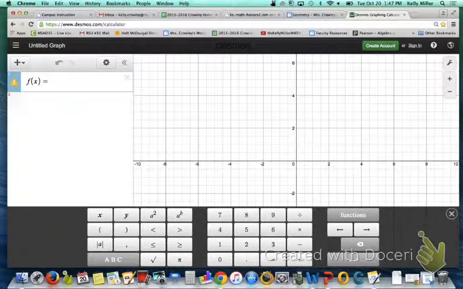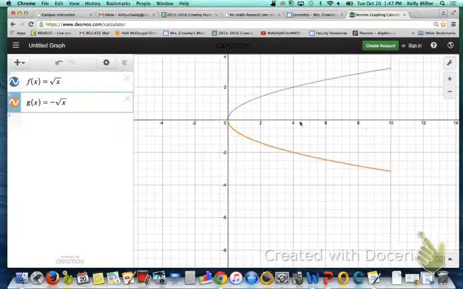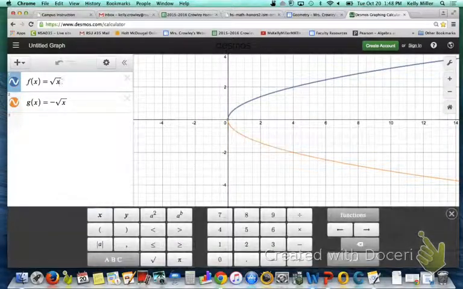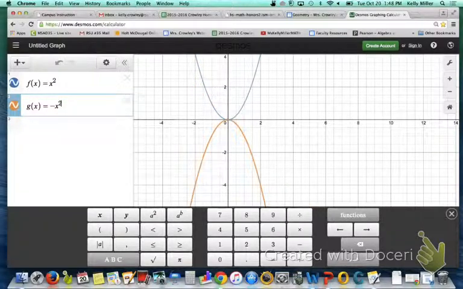If I had the square root of x, and I put a negative in front, it reflects it, again, over the x-axis. If I had x squared, and I made it a negative x squared, it's reflecting it over the x-axis. So if you have a negative in front, it's a reflection over the x-axis.